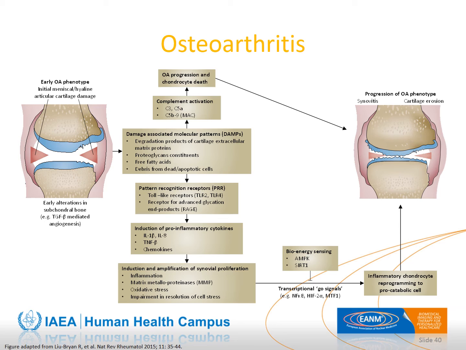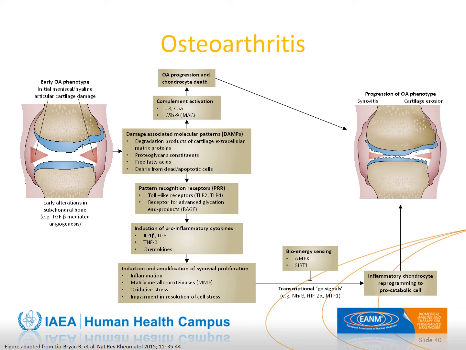These include degradation products of cartilage extracellular matrix proteins, proteoglycans constituents, free fatty acids, and the debris from dead or apoptotic cells. These DAMPs can start two independent processes.